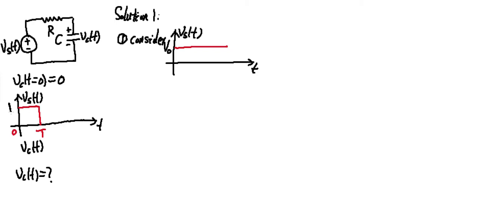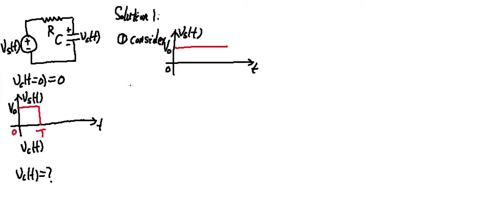By the way, this pulse height is V0. So first of all, let's consider what will happen if the input voltage is a step function with the magnitude of V0.